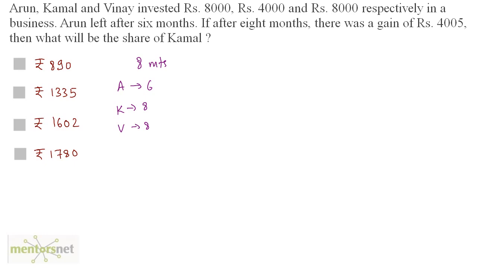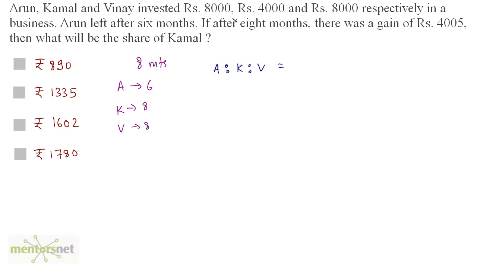Now we have the total time periods of all of these people. Now we also have the amounts they have invested. So the ratio of the profits made by these three people, Arun, Kamal and Vinay, can be written as, let's say, A is to K is to V. The ratio of their profits is equal to the compounded ratio of their investments and their time periods.